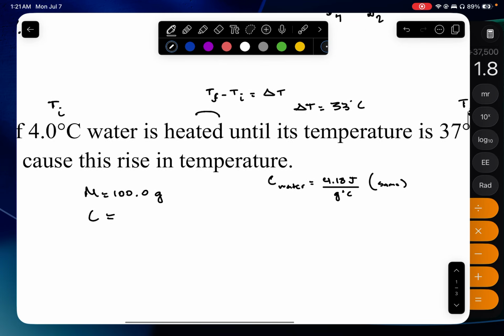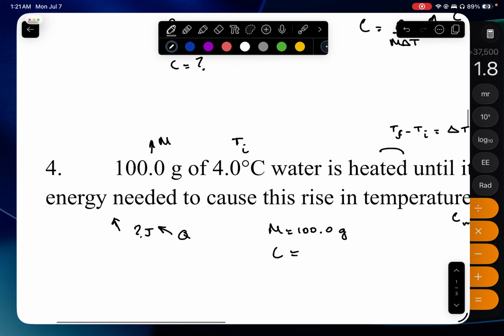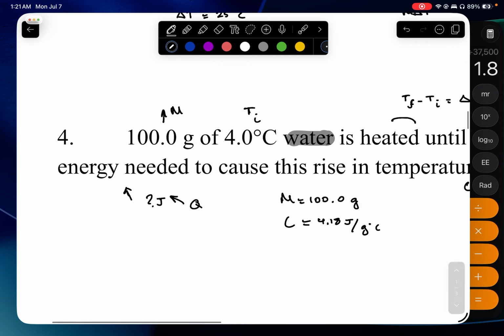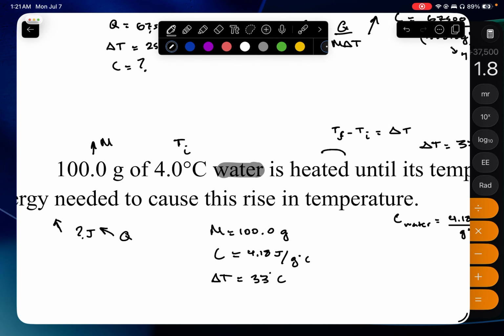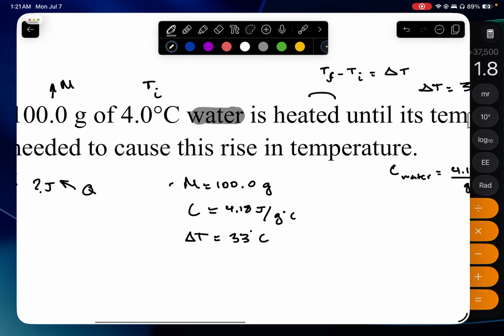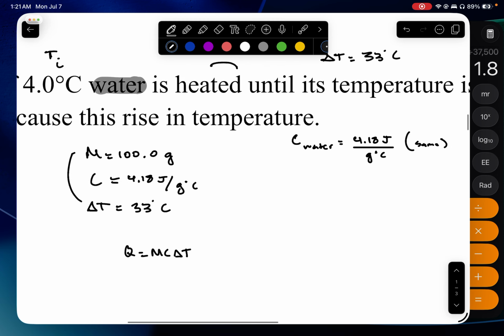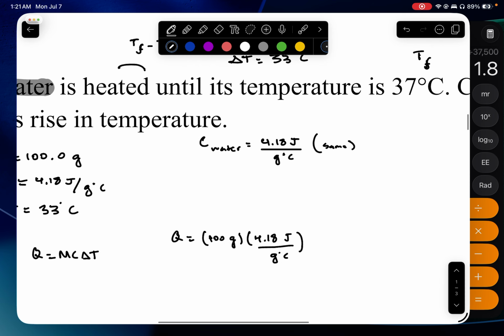Okay, so now that we have that in mind, the C here is going to be 4.18 joules over grams times centigrade. And our delta T, as we discussed, is 33 degrees Celsius. Now we have MCAT, and if we remember, Q is equal to MCAT. So if we plug in, Q is equal to 100 grams times 4.18 joules over grams times centigrade times delta T, which is 33 degrees Celsius.